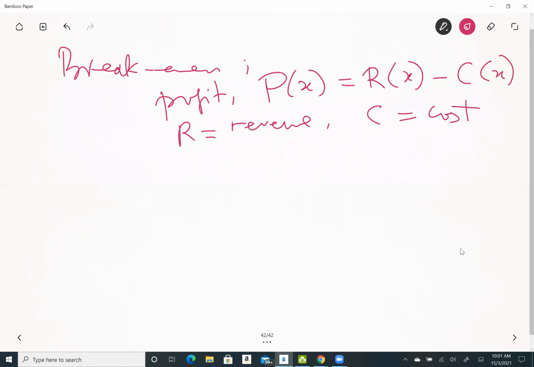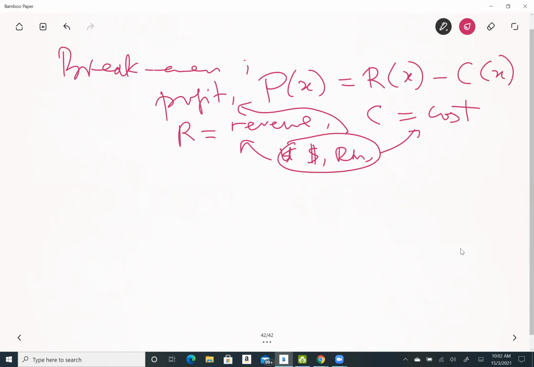Everything is in money units. We either use dollars or RM, or it can be rupiah, it can be yuan, any real, okay? So everything is in money units, the revenue, the cost, and the profit.